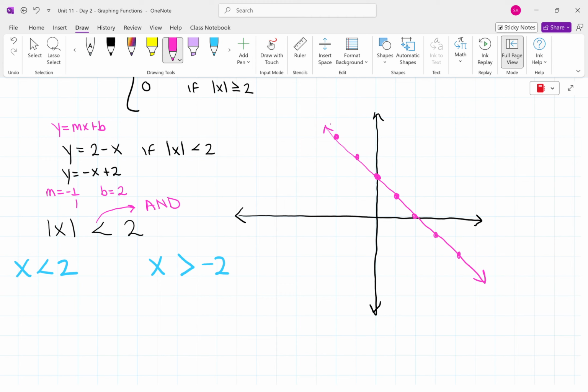So because it's less than, between the two inequalities is going to have the word and. If the inequality sign was greater than, it would be an or between the two inequalities. So this is saying x is less than 2 and x is greater than negative 2, which means we can write this as negative 2 is less than x, which is less than 2. One compound inequality.